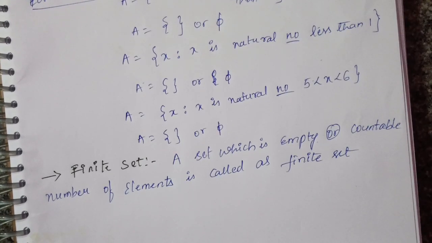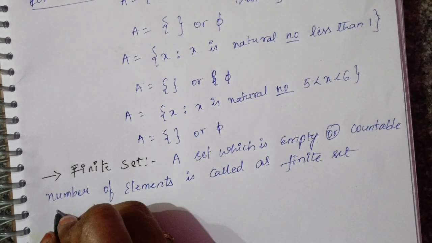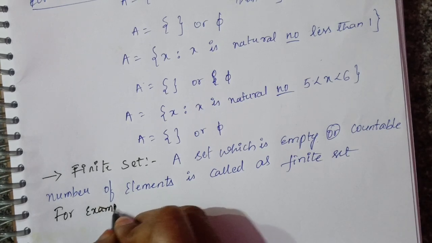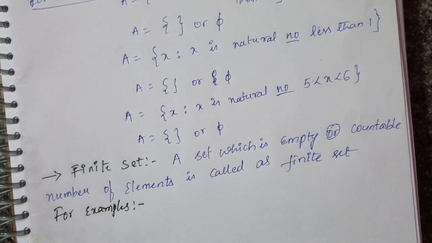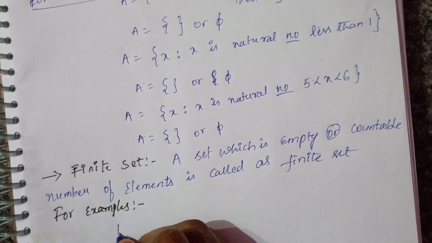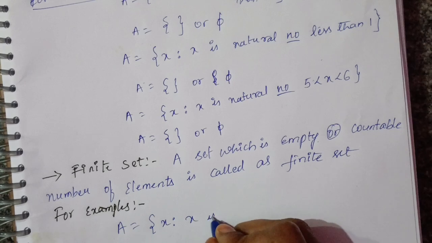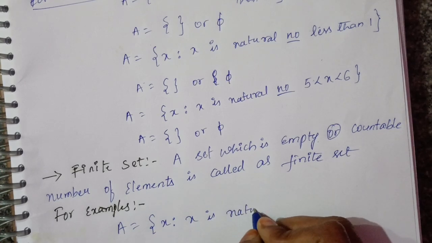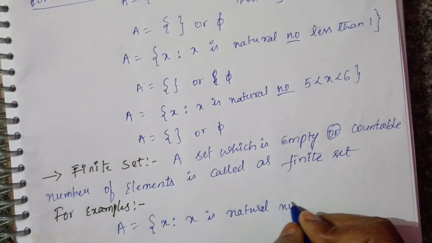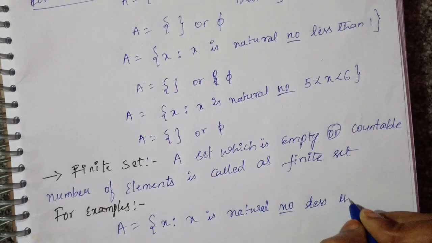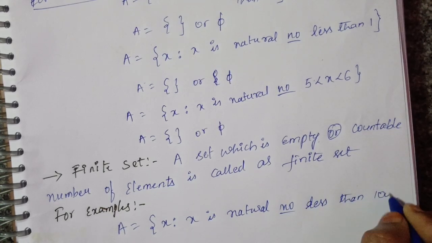For example, if set A is equal to x, where x is a natural number less than 100, we can count, right?